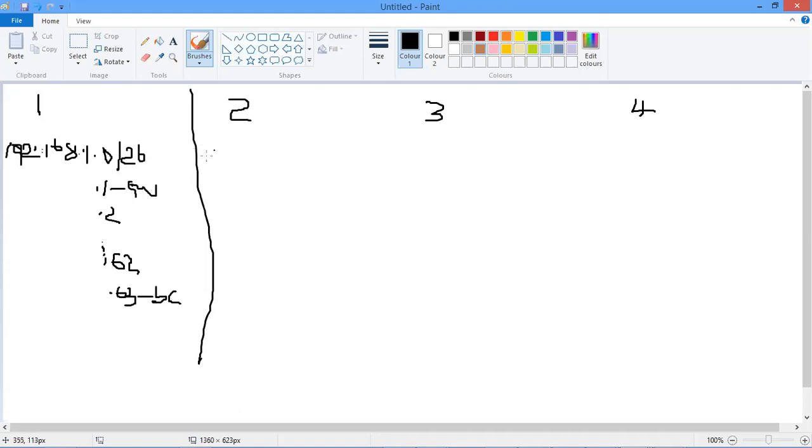So the next network will now be 192.168.1.64 slash 26. The first valid IP address in this one will be 65, which I'm supposed to give to my gateway.